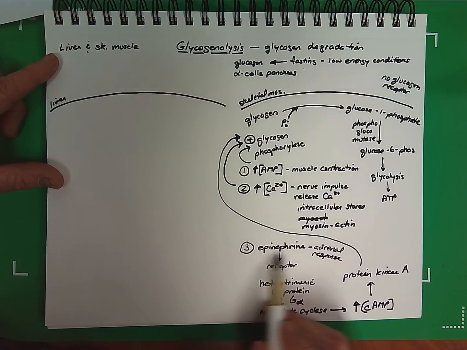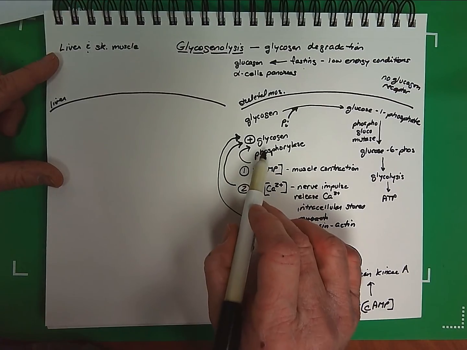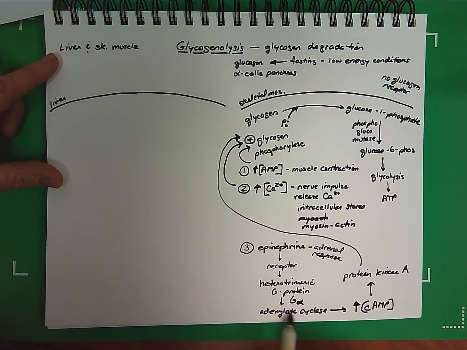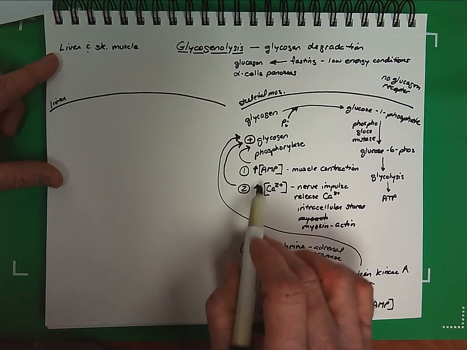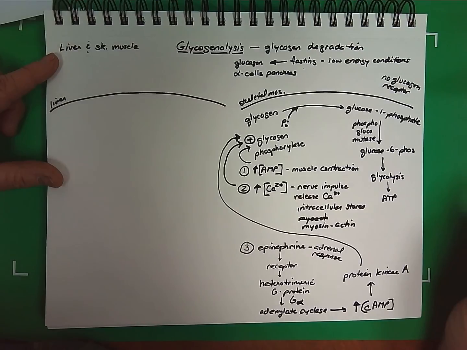So this is going to be involved if we are in a fight or flight reaction. Under these conditions, we want to maximally turn on glycogen phosphorylase. So the signal of epinephrine going through the cyclic AMP pathway is going to be additive even more on the normal pathway. So now we get full activation of glycogen phosphorylase.